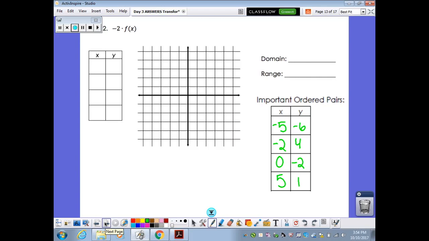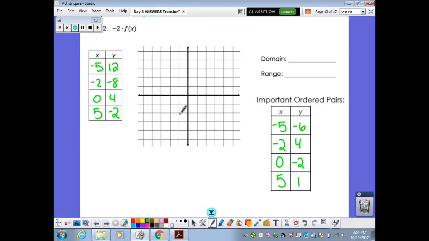This one is the same thing, but now we're multiplying all of our y's by negative 2. Keep the x's the same. Multiply the y's by negative 2, which gives us 12, negative 8, 4, negative 2. Some of these numbers are going to be way too big to graph on this graph, but we will try our best. 12 is going to be way up here.